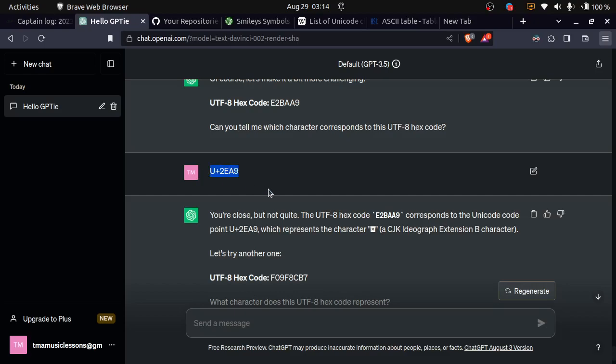Let me find out. Hey, what was the UTF-8 hex value for the Unicode?